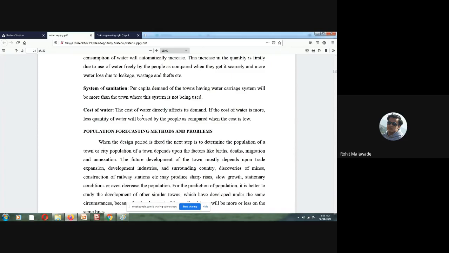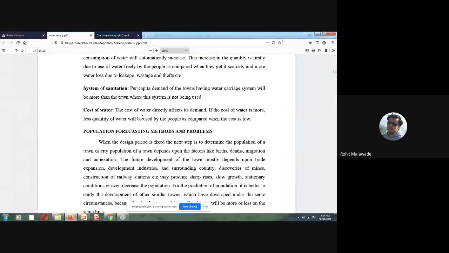So in the next class, we will be seeing the population forecasting. We will be calculating how to find out the population forecasting. Population forecasting is nothing but predicting how the population is going to increase in the coming 10 years, 20 years, 30 years, 40 years. That we are going to study.